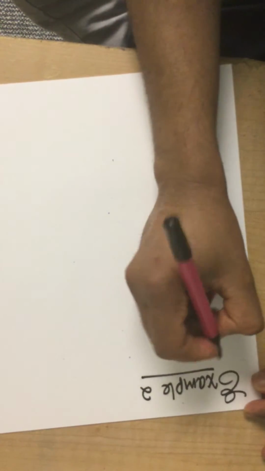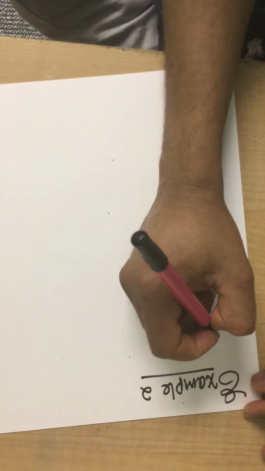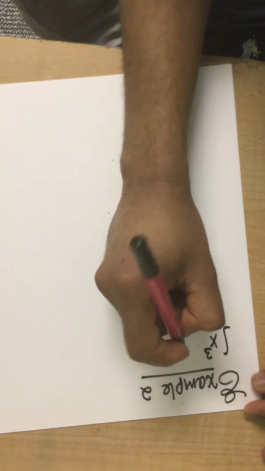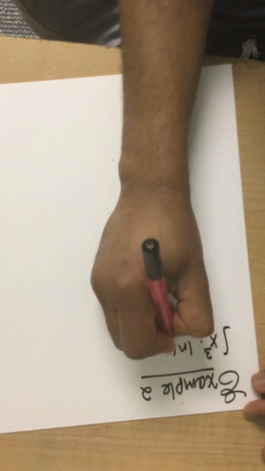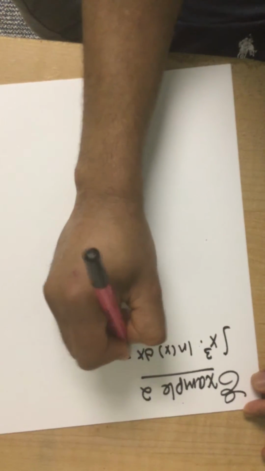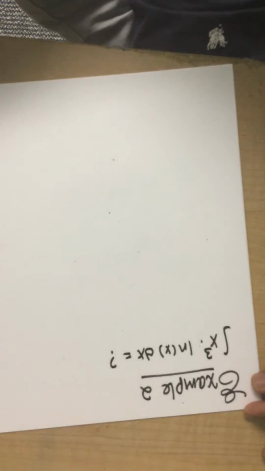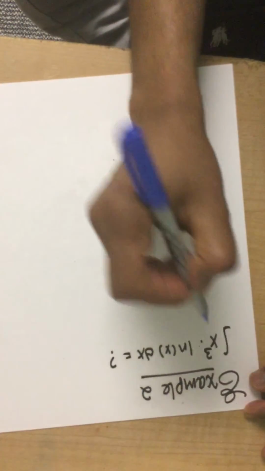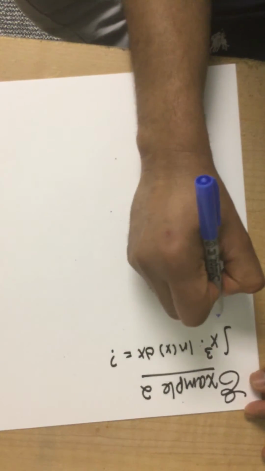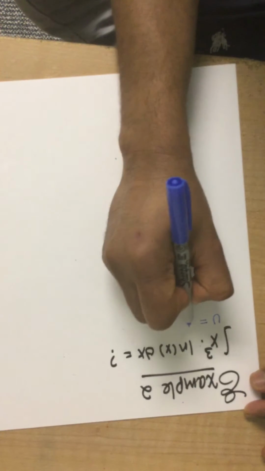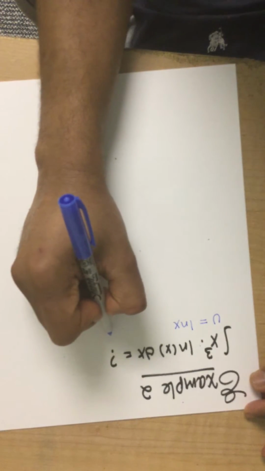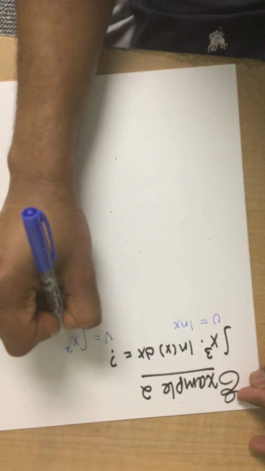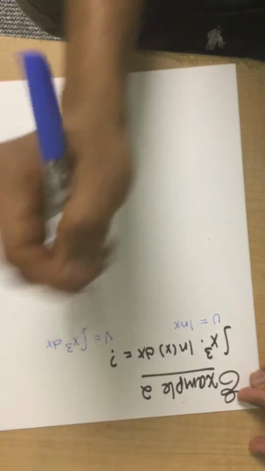Example 2. Integral of x cubed times ln of x dx. All right, let's say u is equal to ln of x, and let's use v: the integral of v is equal to x cubed dx.